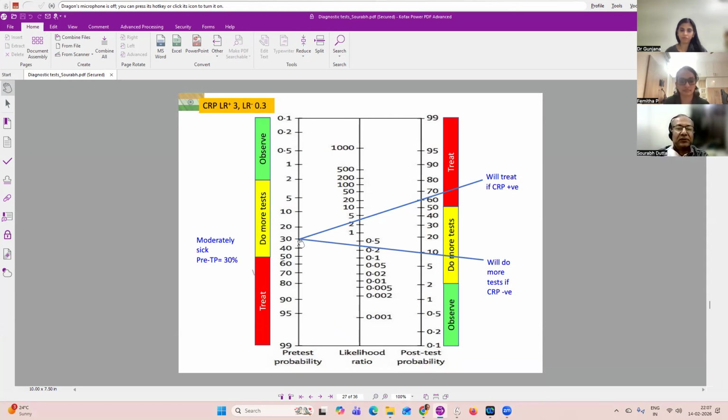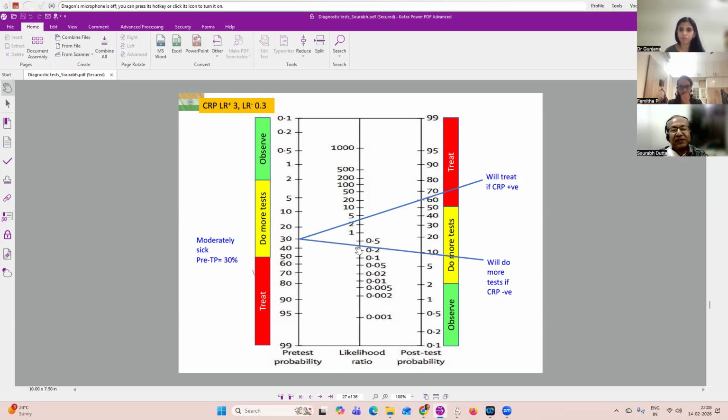All you need to do is take the prevalence or the pre-test probability of the disease, and if you get a test positive, say in this case CRP, with a positive likelihood ratio of 3, you just take a ruler, draw a line, and see where it cuts the post-test probability line, without bothering about the odds and all, because that has already been built into this nomogram. So you directly calculate that the post-test probability will be 60% of having the disease if my CRP is positive, provided I started off with a 30% chance of disease to begin with.